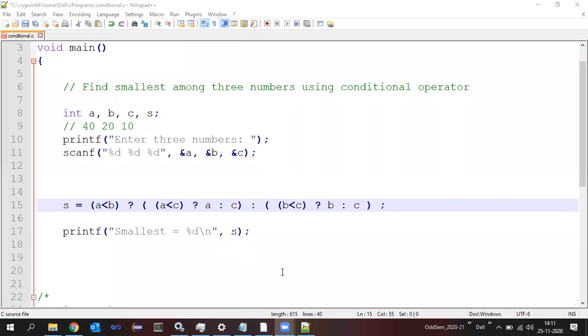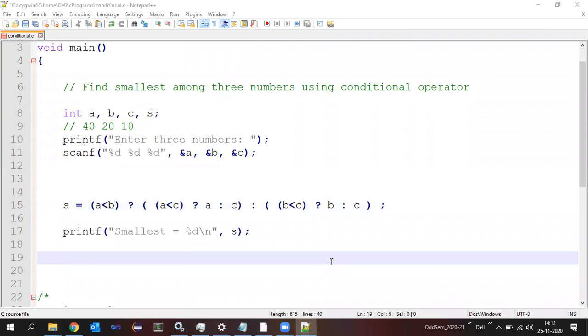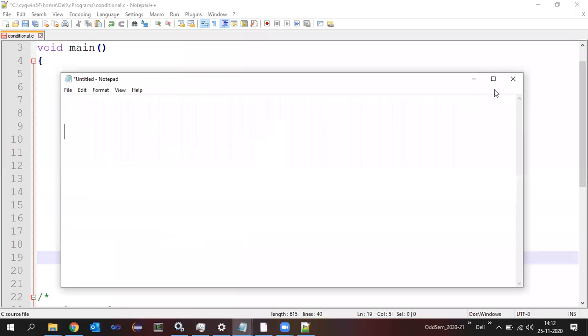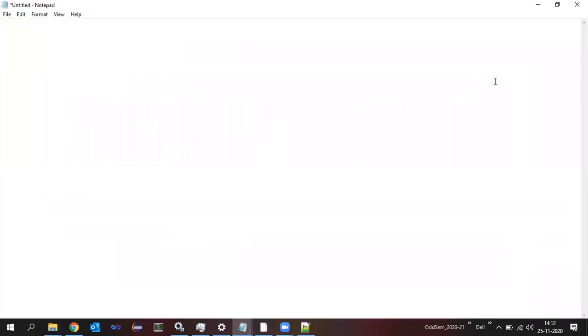So we will move on to the next type of operators. Now, can anyone recall what are the different types of operators we have studied so far? What was the first one? Arithmetic operators. Very good. Then relational. Okay. Next?